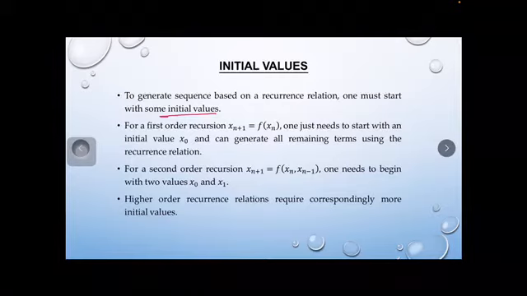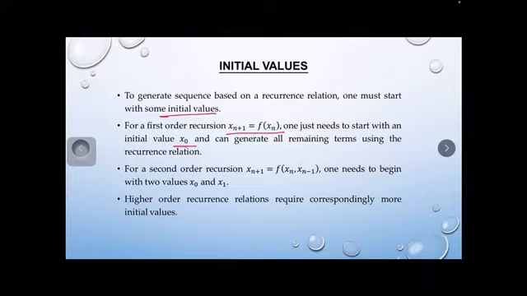For the first order recurrence relation x_(n+1) equal to f(x_n), the highest term depends on the previous term x_n. So if the order is 1, we need 1 initial value to find the series.